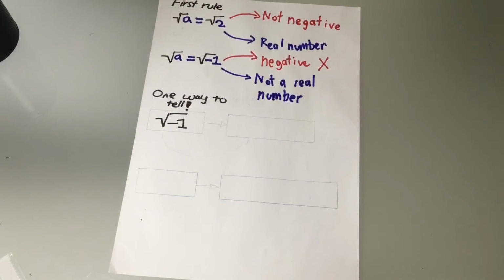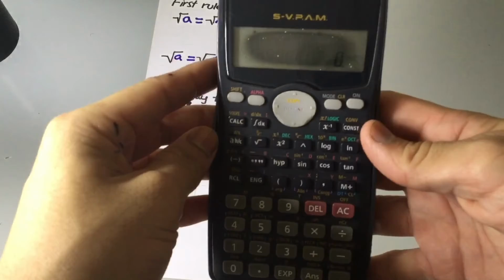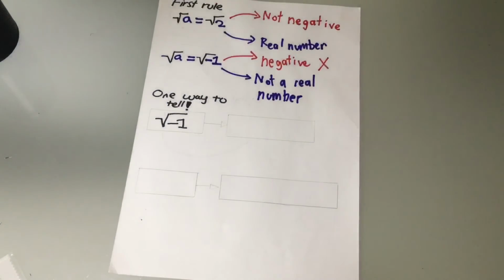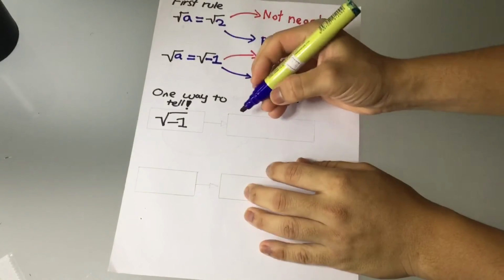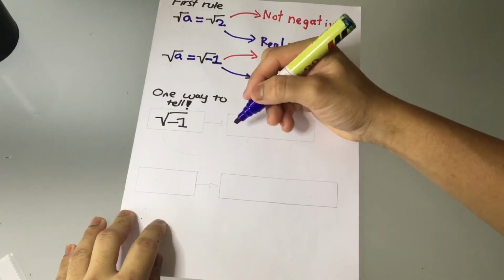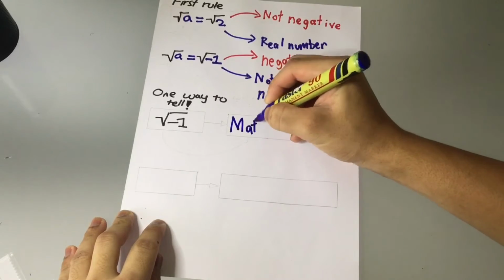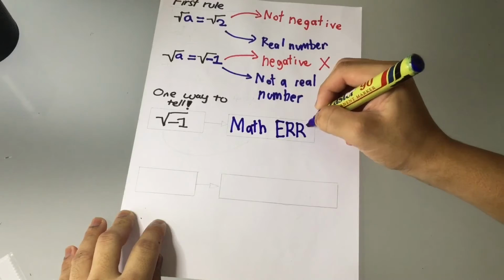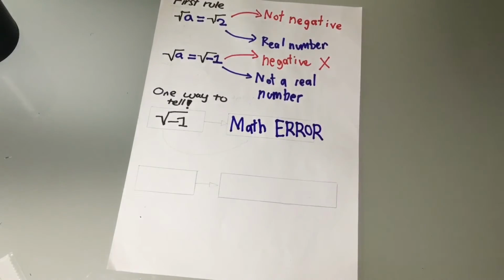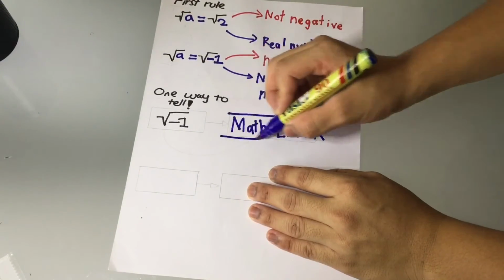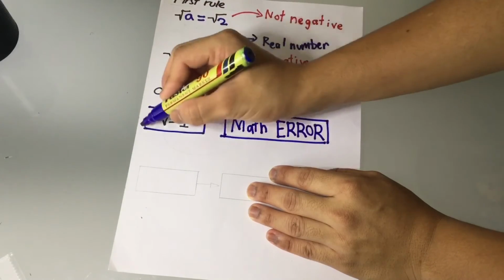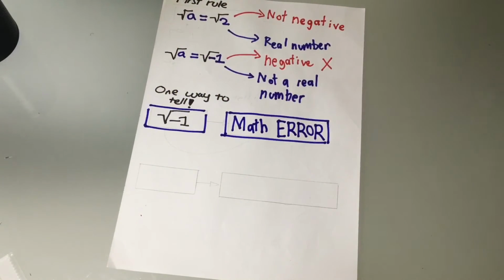If we put this in a calculator, the result you should be expecting is math error, which proves that even the calculator will tell you it's not a square root number that can be recognized. But the crazy thing is, can you even imagine a calculator telling you that this is a math error?